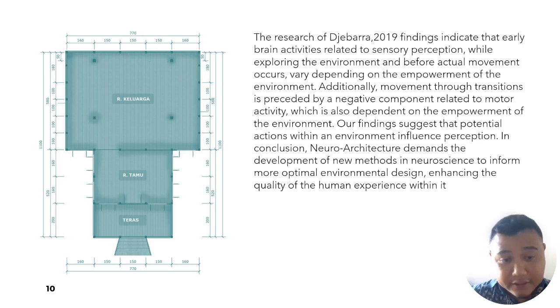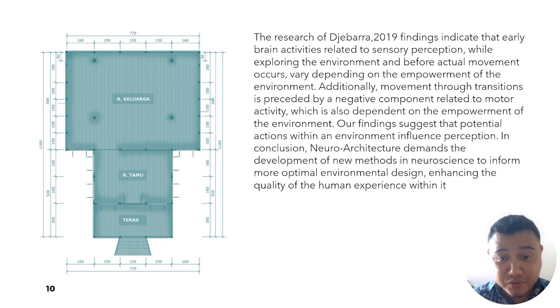Like the research of Djebbara, 2019, findings indicate that early brain activities relate to sensory perception while exploring the environment and before actual movement occurs, depending on the affordances of the environment.